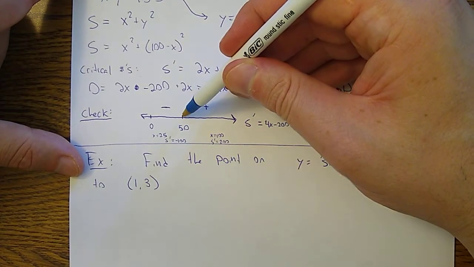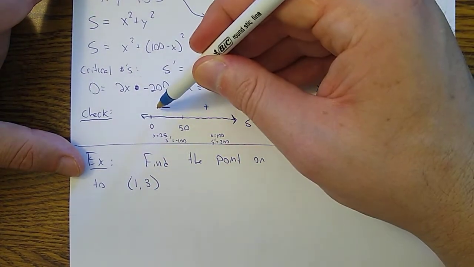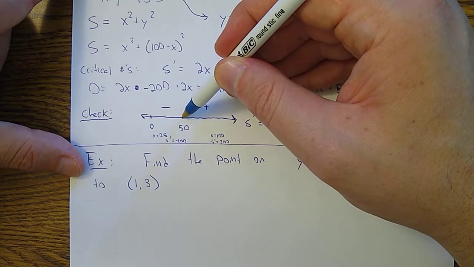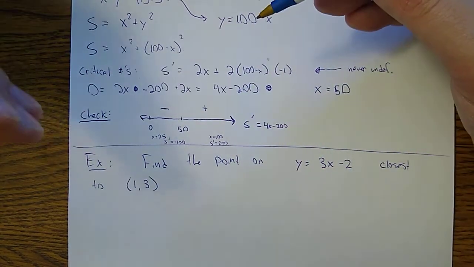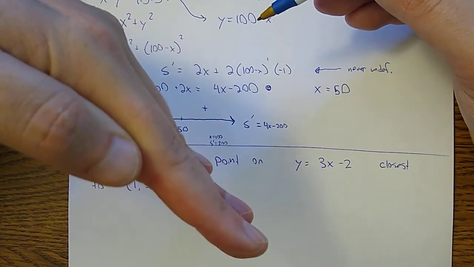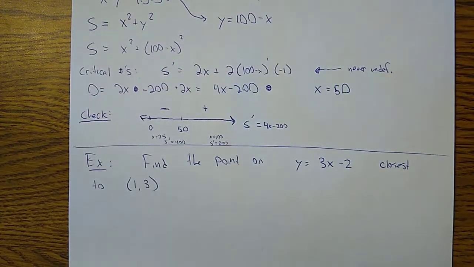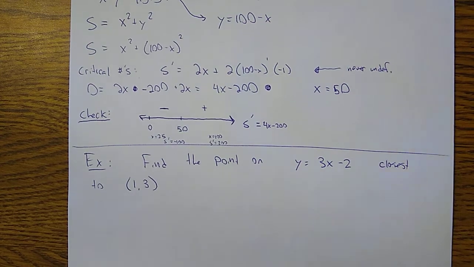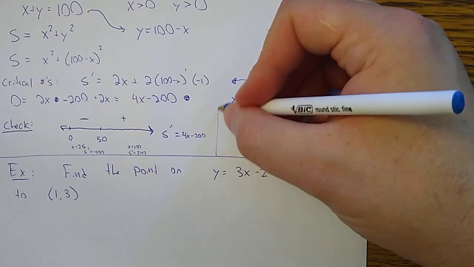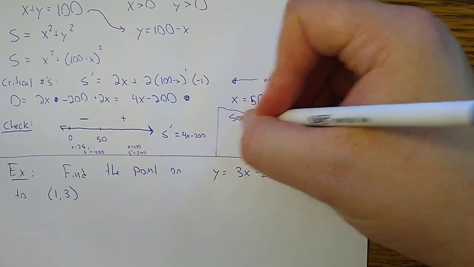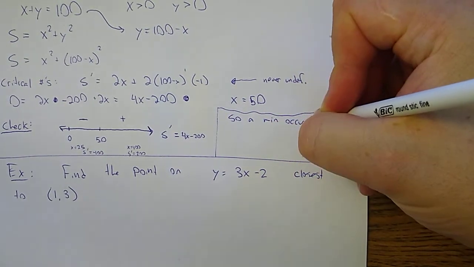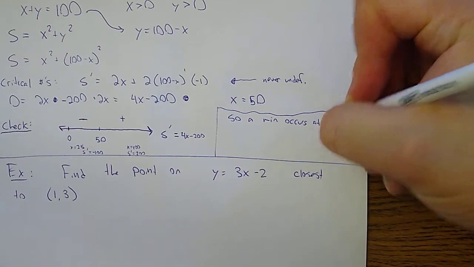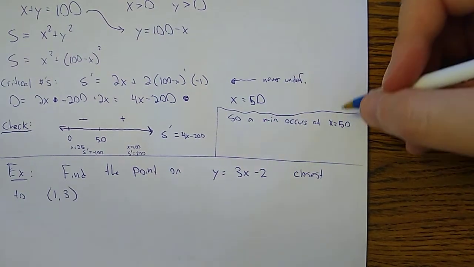This is indicative of a minimum. It's decreasing, and then we hit this point, and then it's increasing after that. That would mean this is a low point. It's on its way down, and then it hits this point, and then it's on its way back up. So a minimum occurs at x equals 50.